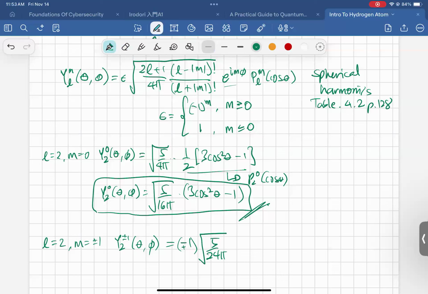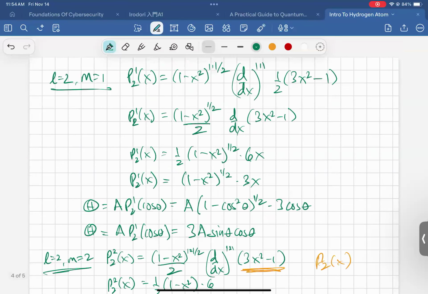Okay, tapos exponential i, remember this, m is plus or minus 1, so exponential i plus or minus 1, phi. And then yung p, dito ay yung p2, and then plus or minus 1 of cosine theta.